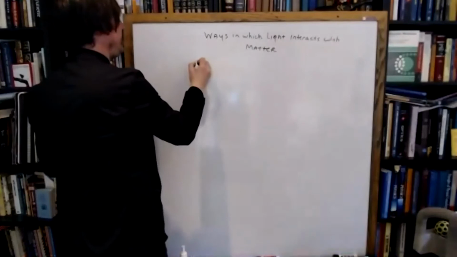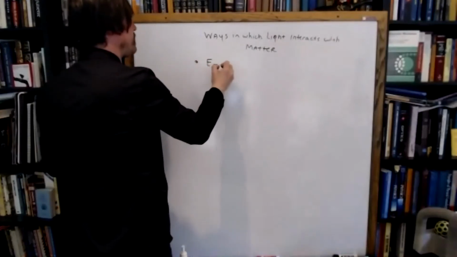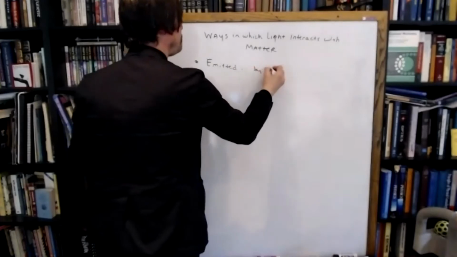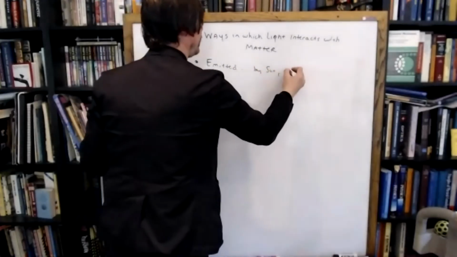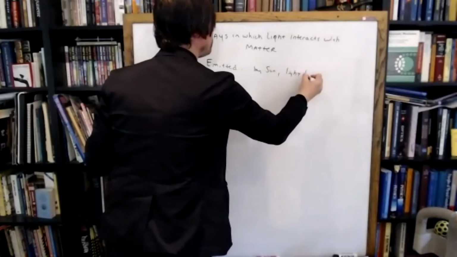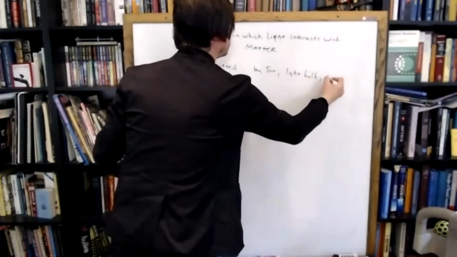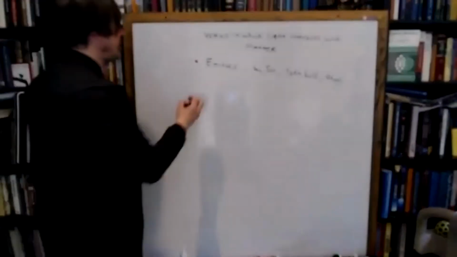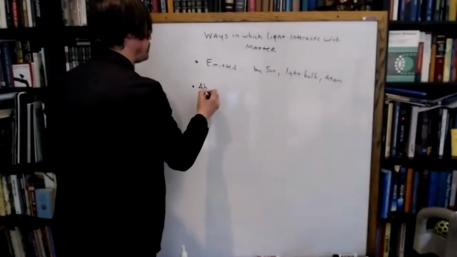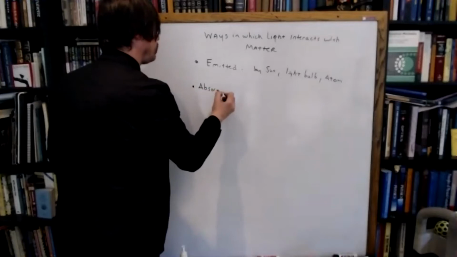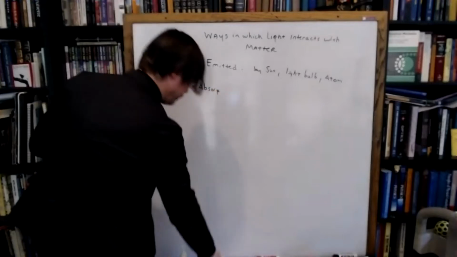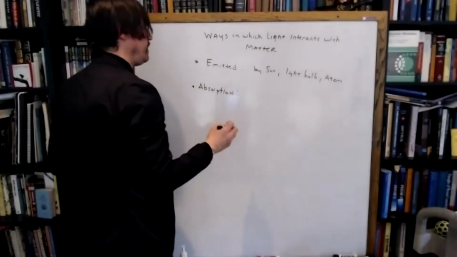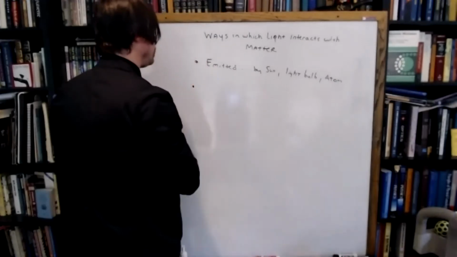So light can be, one, emitted, for example, by the sun, or by a light bulb, or even by a single atom, which can emit light, all right? Light can also be absorbed, and this is called absorption. Fine, I'll just make it absorption. Okay, now I'll be consistent. I'll write absorbed.